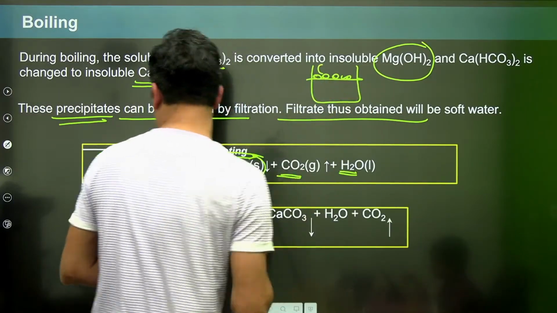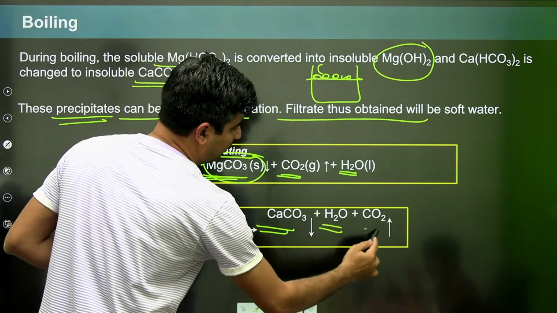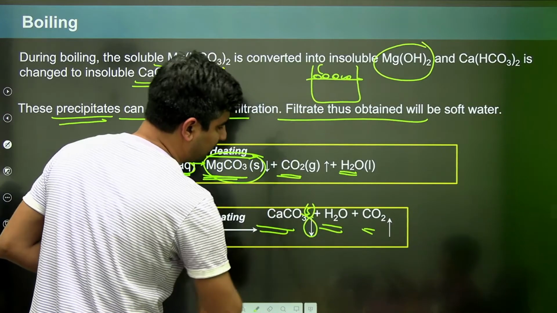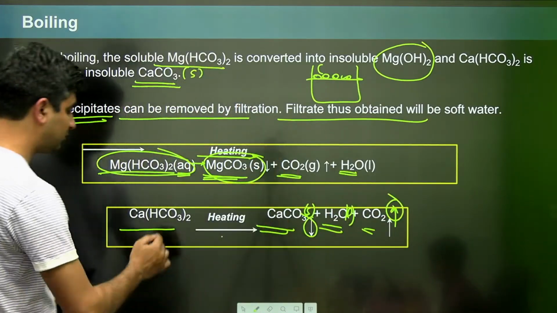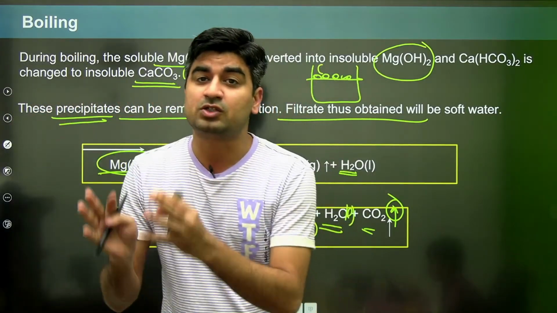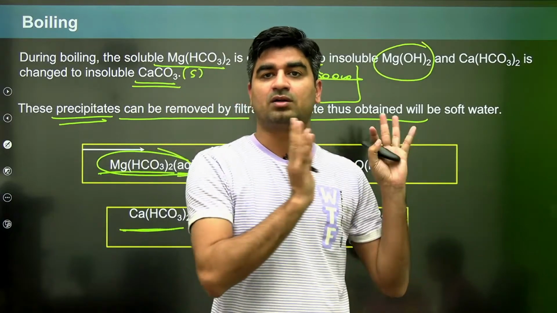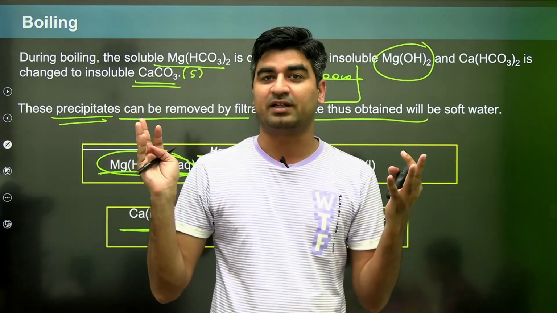Similarly, CaHCO3 on heating will give you CaCO3, H2O and CO2. So this is precipitate, and H2O liquid will be formed and CO2 will escape. So what we are doing, when we are boiling it, we are converting soluble salt into insoluble compounds, and those insoluble compounds you can easily filter.